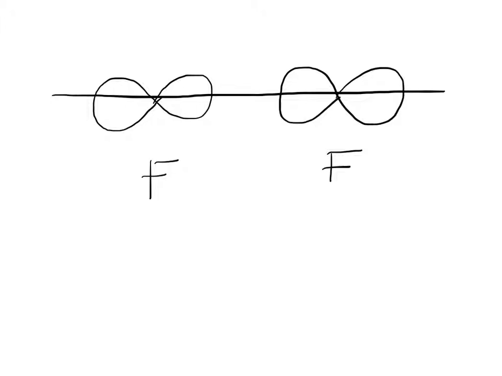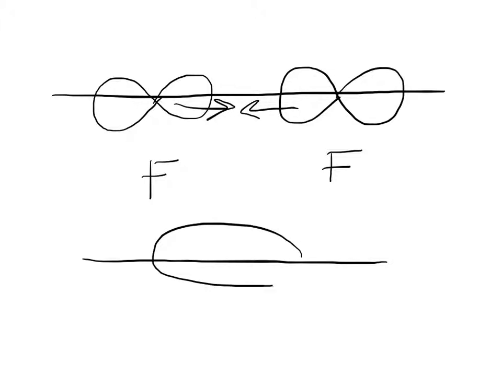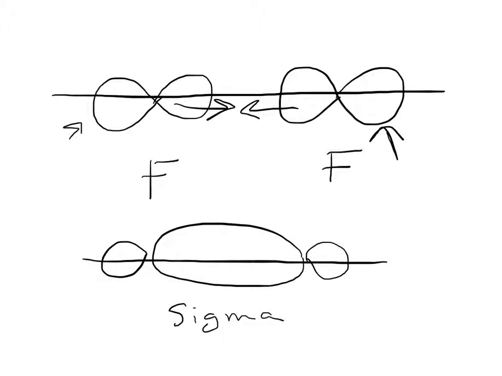When those two fluorine atoms create a bond, your p orbitals come together and overlap, and they create one big bonding orbital, which, as we now know, is called a sigma bonding orbital. They have these funny little shapes on the end, which is the side that did not quite overlap. This is what a sigma bonding orbital looks like when it's made between two p orbitals. That's a sigma bond and a sigma bonding orbital according to molecular orbital theory.